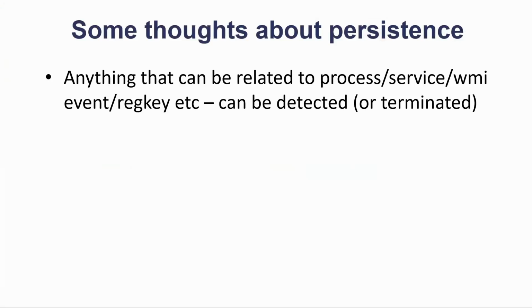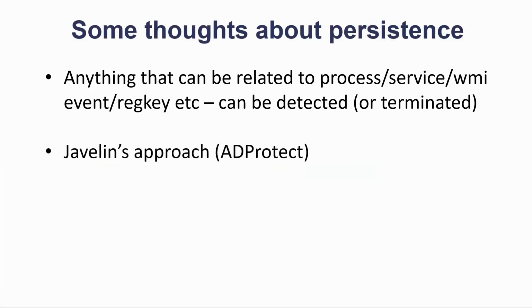So all the known defense tools, there are known ways to knock them out, right? Everything, port knocks, traps, whatever. So we took a different approach in Javelin, which is worth mentioning in a few words. In our product, AD Protect, like I said, I'm an AD protector, a proud AD protector.